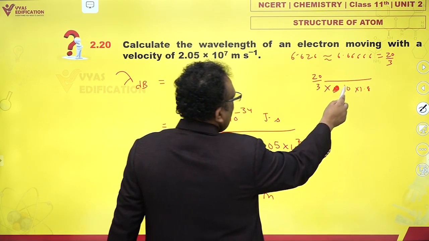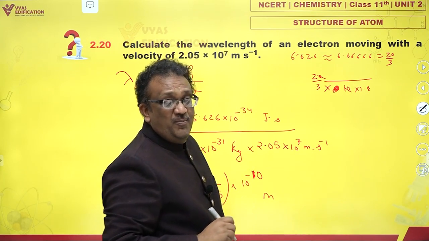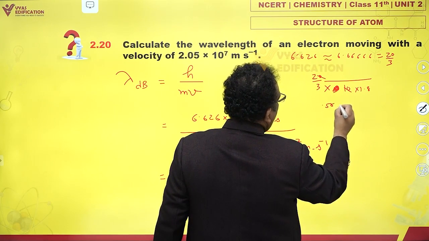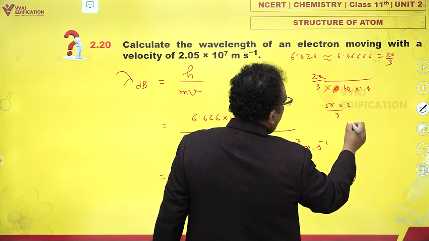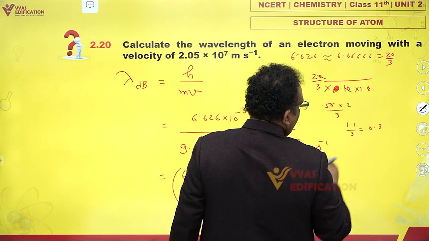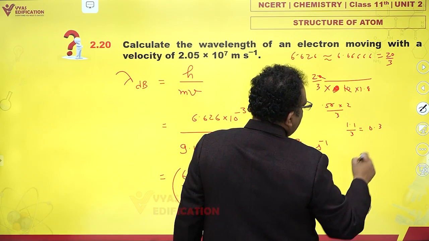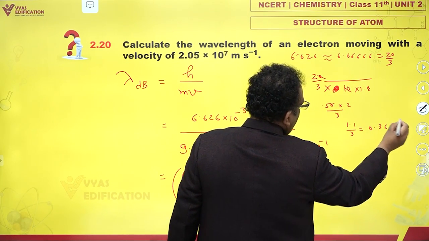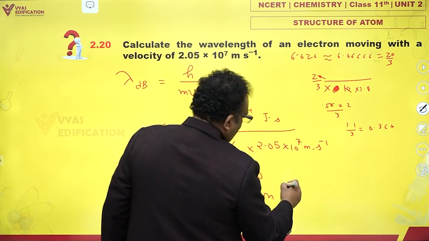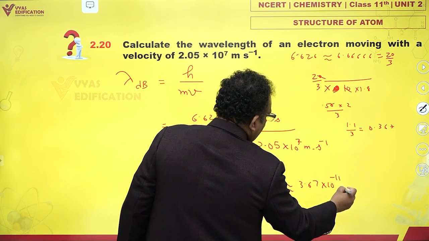So if I just do this, how much do I get? Now this is 1 upon 0.8.1.8 is 0.55. 0.55 into 2 by 3. 1.1 by 3. That is how much? 0.3. Yeah. 11 by 3 would be 3, 3 is 9, 10, 11, 3, 6, 7. Right. So very crudely I get around 3.67 into 10 raised to minus 11 meters.